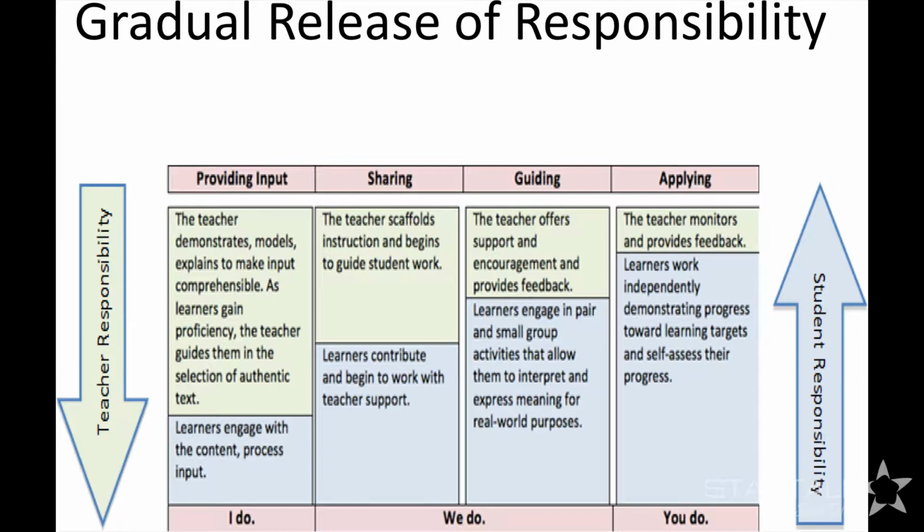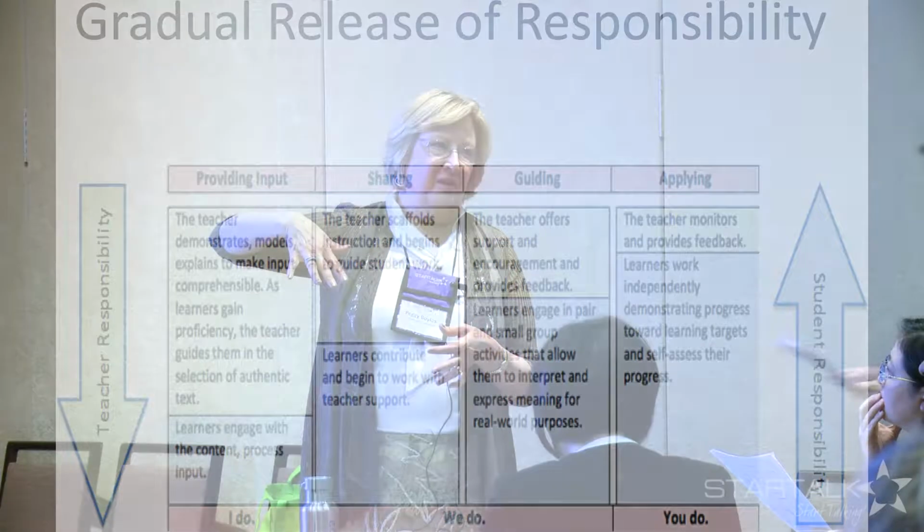Just take a look at that, and how do you interpret that for your teaching, or with teachers, or in the summer camps? What does this mean to you in terms of how it impacts instruction, this release of responsibility from teacher to student, and how it reads?